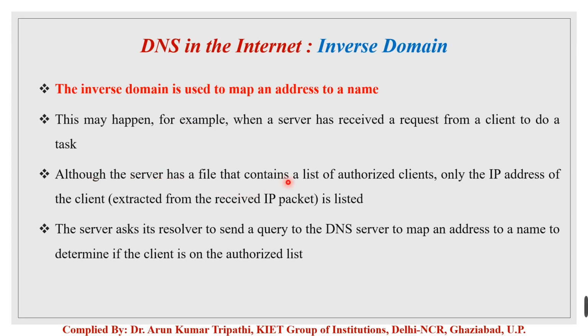Although the server has a file that contains a list of authorized clients, only the IP address of the client is listed. The server asks its resolver to send a query to the DNS server to map the address to a name to determine if the client is on the authorized list. So this will be the process of the DNS inverse domain. You should note that the inverse domain is used to map an address to a name.